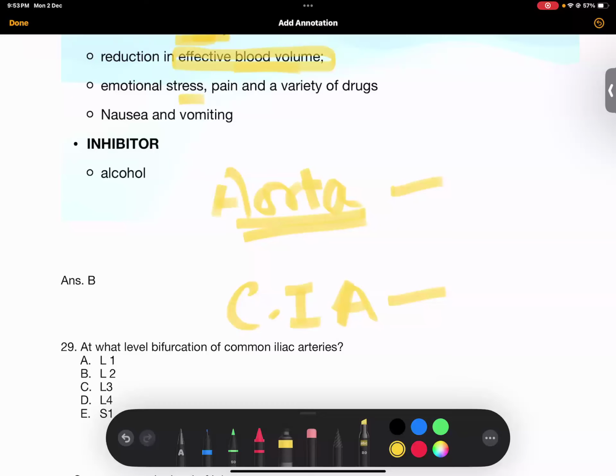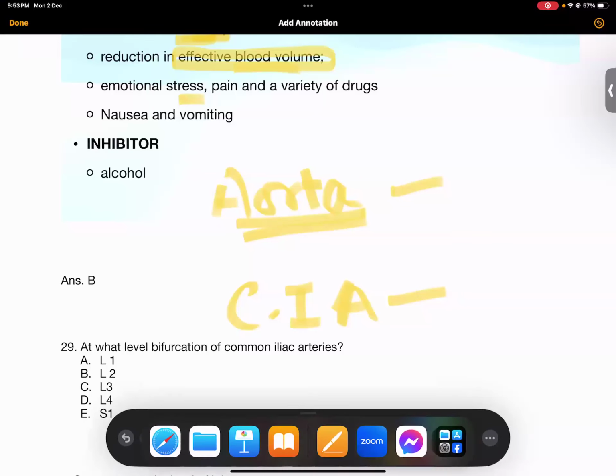Aorta bifurcates at L2 or L4? Check it again.